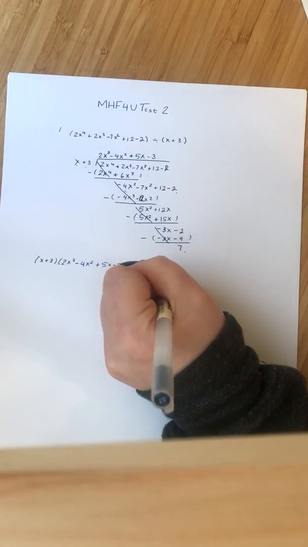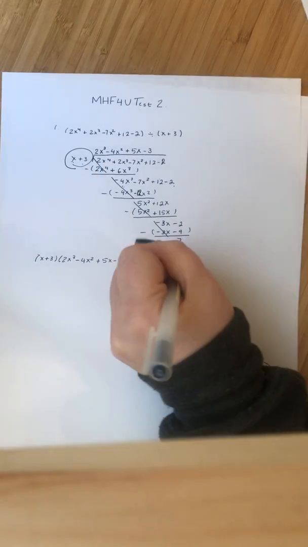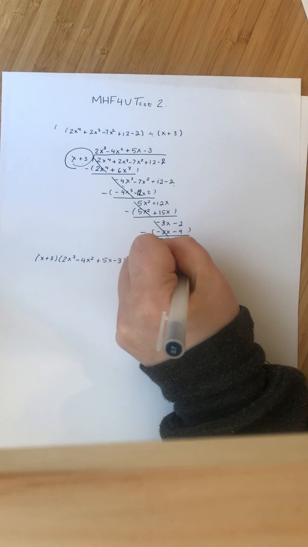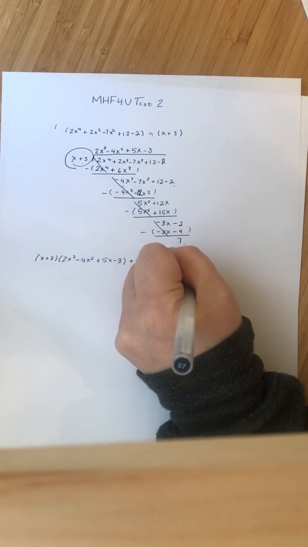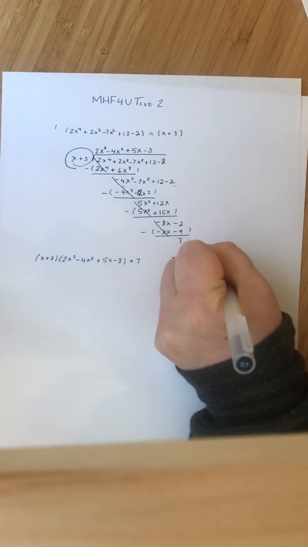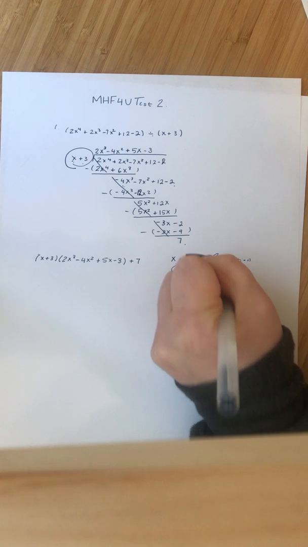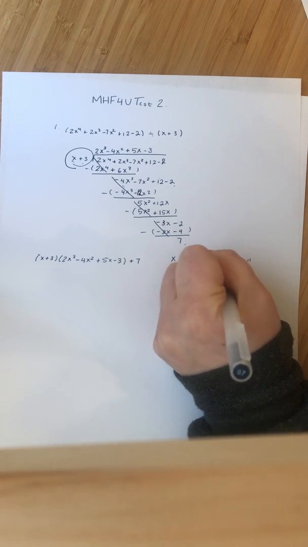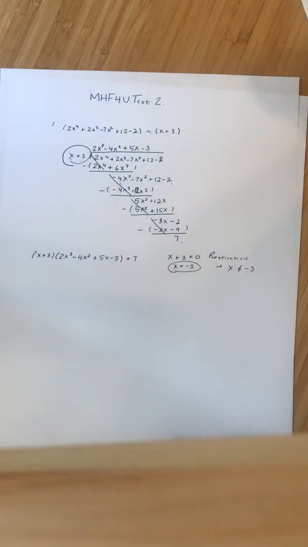Now my restrictions: you can never divide a number by 0, so my restriction is what makes x plus 3 equal to 0, and that's if x is negative 3. So I should write my restriction as x cannot be negative 3.